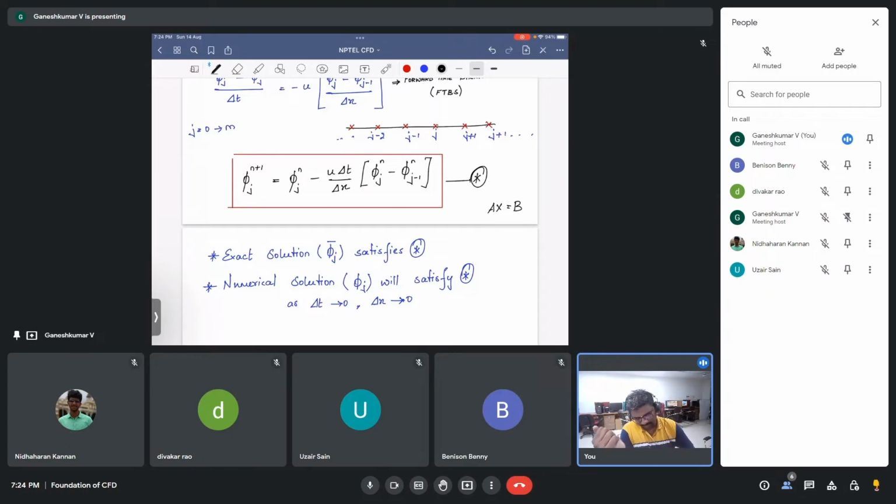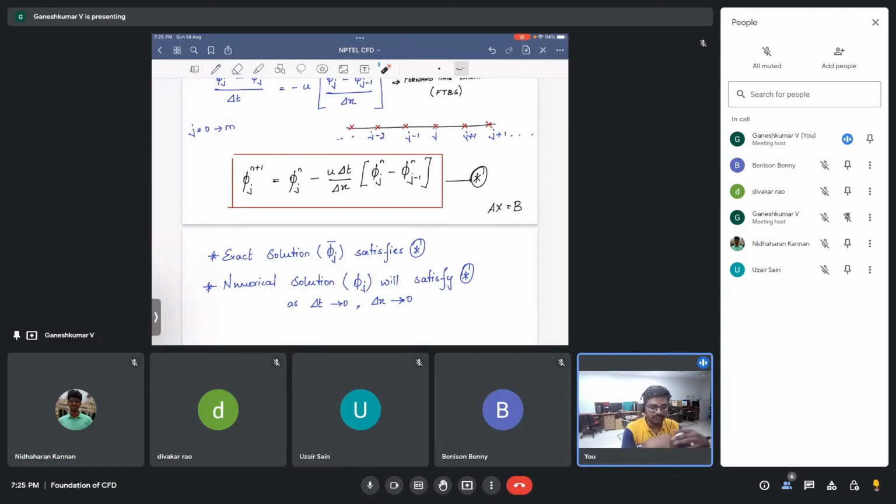But if you make it n plus 1, then we have three unknowns in each equation, and we have m equations. Each and every node is unknown, so we have m equations and m unknowns, and we will be able to solve it, because it's a system of linear algebraic equations.